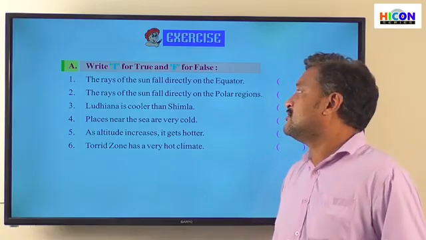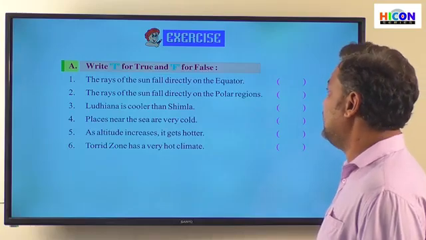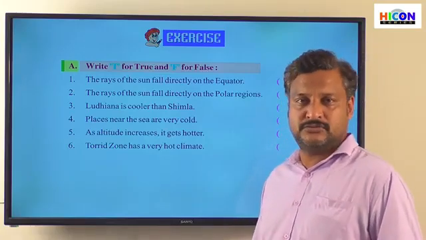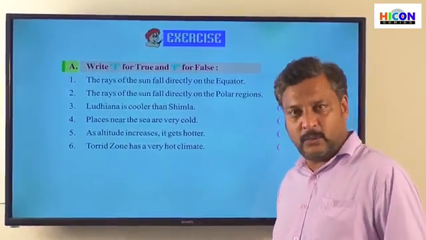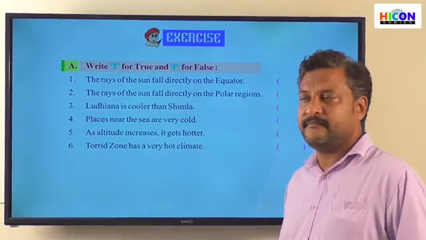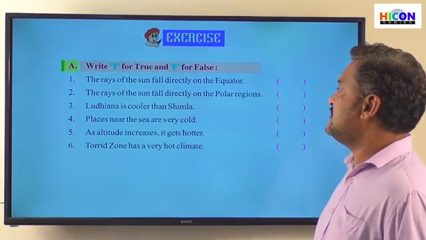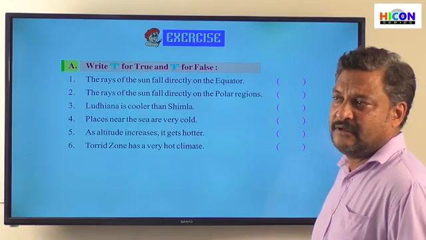Okay, so the first sentence is, the rays of the sun fall directly on the equator. True. The rays of the sun fall directly onto the equator. Okay, it's true. The rays of the sun fall directly on the polar region.